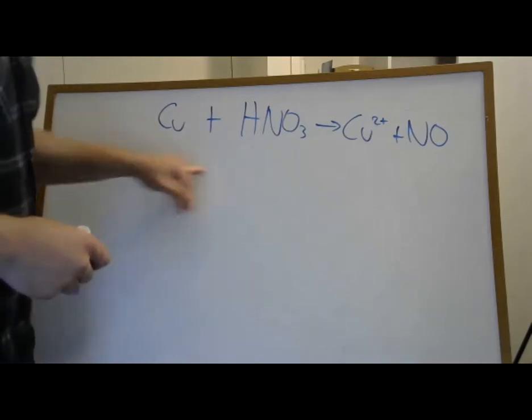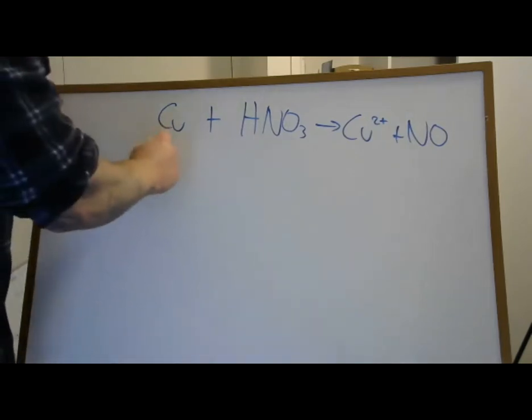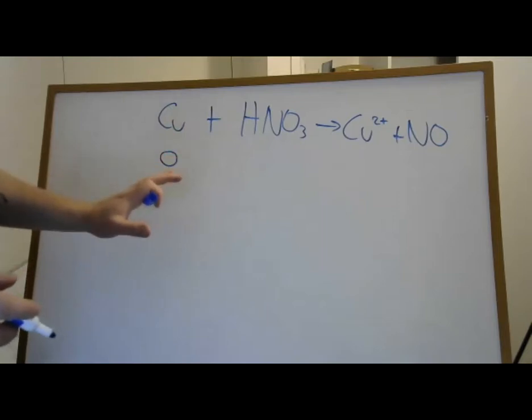So copper has lost 2 electrons, but I'm going to do it the whole way. So copper, oxidation state is 0. It's just an element that's been combined.